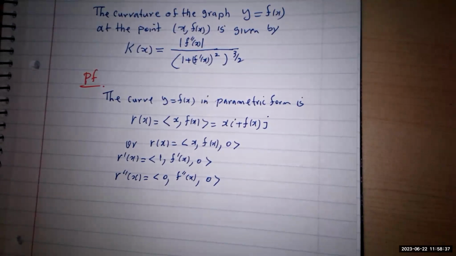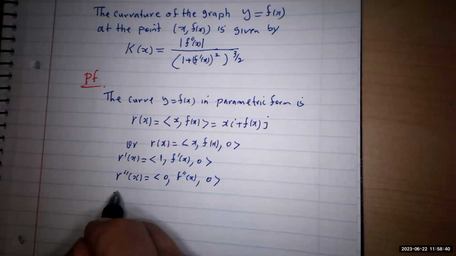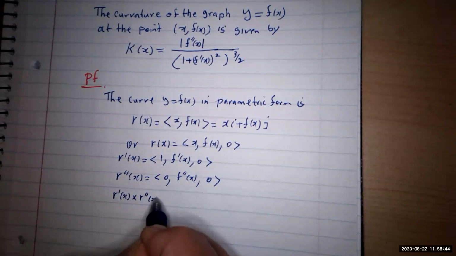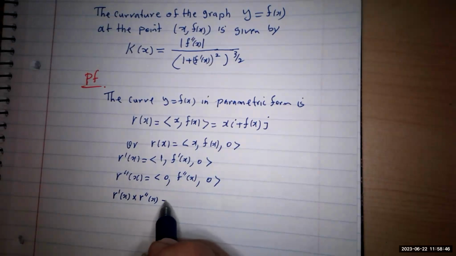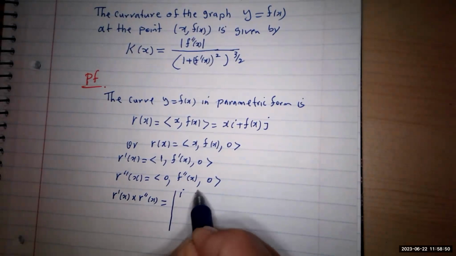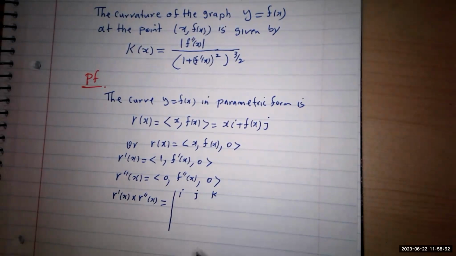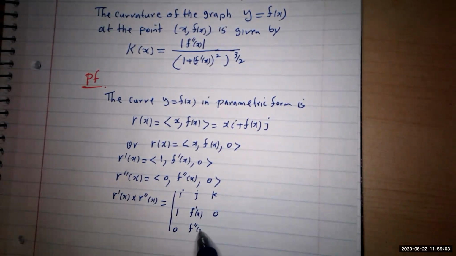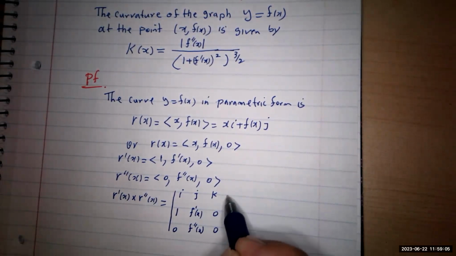Find the cross product, r prime of x cross r double prime of x. Determinant of this matrix: i, j, k, 1, f prime of x, 0, 0, f double prime of x, 0.